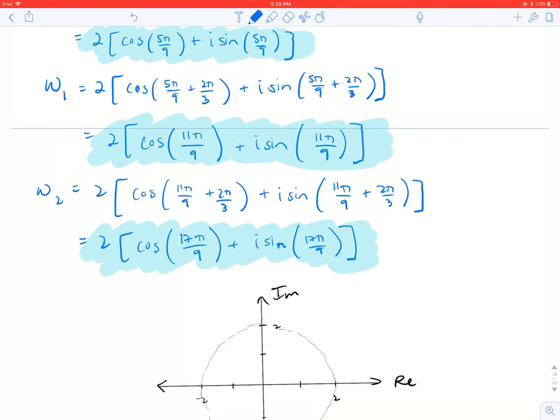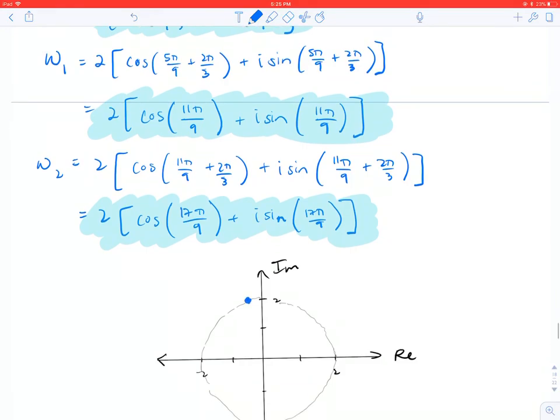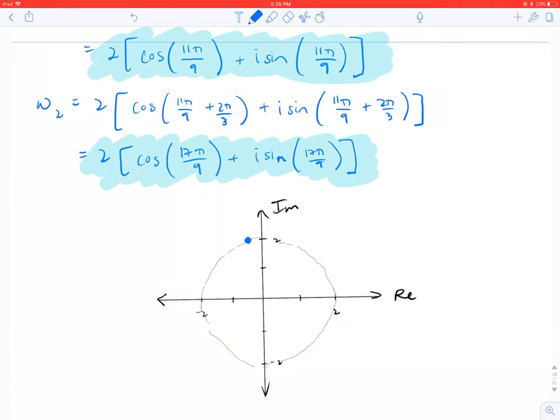So the first root has an angle of 5 pi over 9. Well, I know that pi over 2 is equivalent to 4.5 pi over 9, so it's going to be just past pi over 2, in quadrant 2. And then 11 pi over 9, I know that 9 pi over 9 would be pi.